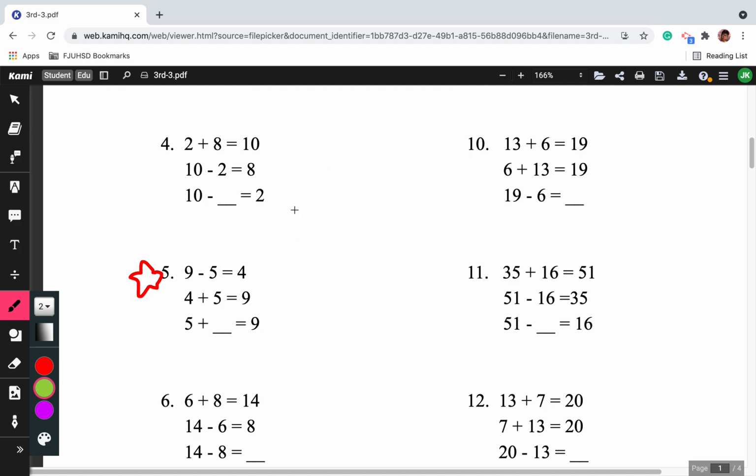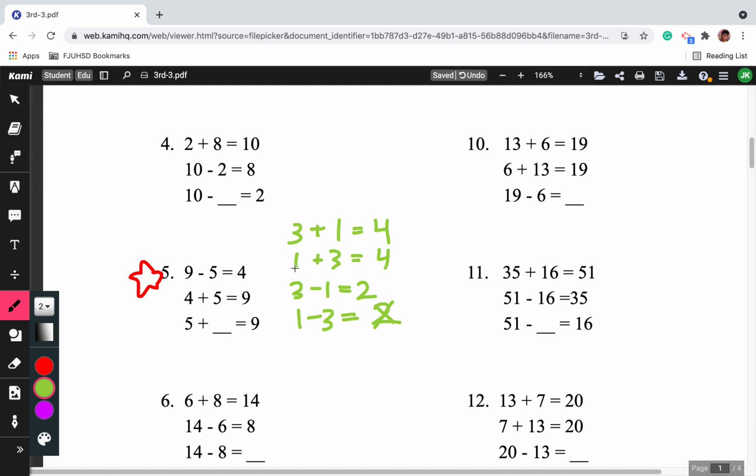What's unique about addition is that it's commutative. For example, 3 plus 1 is 4, but the order does not matter for addition, so also 1 plus 3 is 4. But if we do 3 minus 1, that's 2, but 1 minus 3 is not 2.